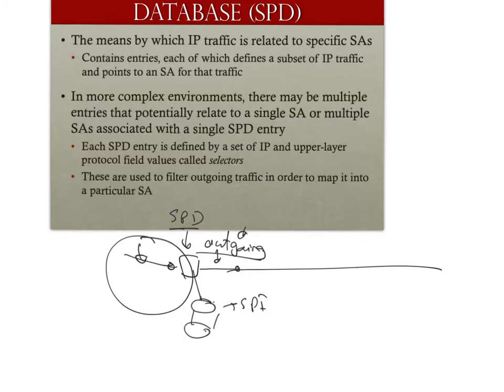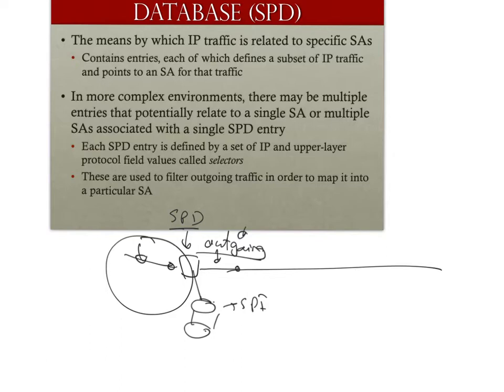So based on certain rules, we say, okay, this traffic fulfills this rule. Therefore, we're going to use this security association for that particular traffic. And the security association is identified by the security parameter index. Through the security parameter index, we then fetch all the specs of the security association from the security association database, and then we build a tunnel to send the secure traffic.